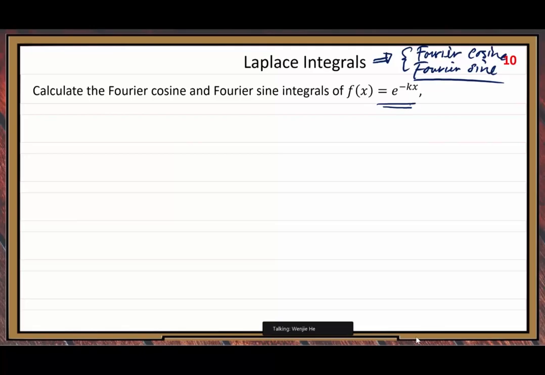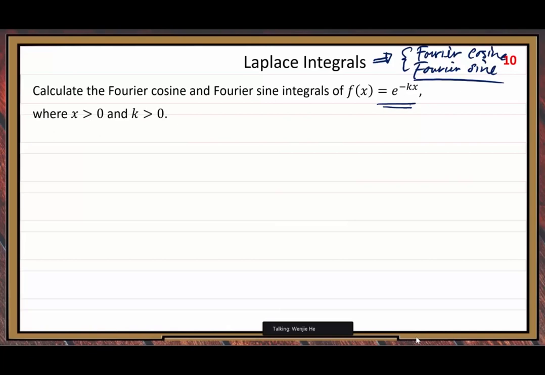Can we understand this function as a half-range function? Although it's not odd, when we consider x positive, k positive, we treat this function as a half-range part of a function. Then we can do even extension or odd extension.